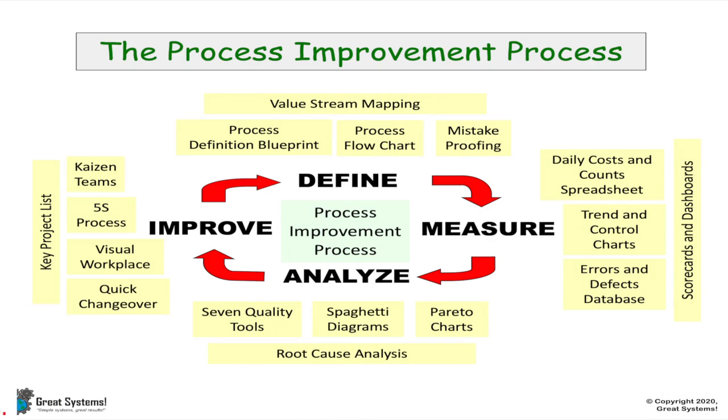The process improvement process. Any process can be improved. In order for improvement to happen and be sustained, we first have to define the process steps involved, both for the existing process and the process as we would like to see it function. I created the Process Improvement DMAI loop to help show how the variety of process improvement tools and approaches are used during the different phases of process change.